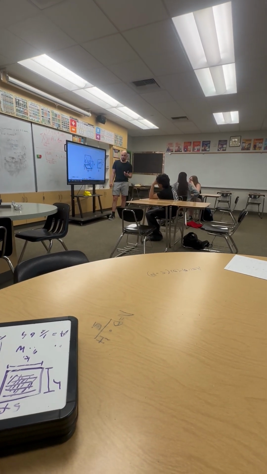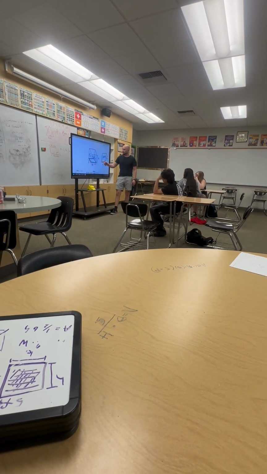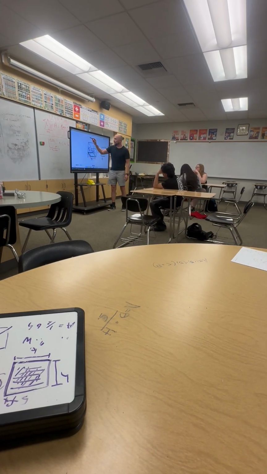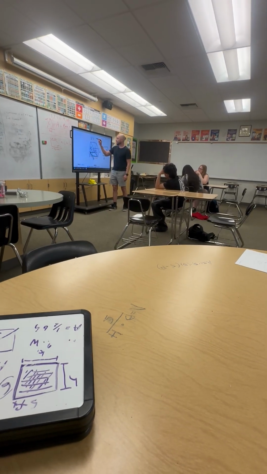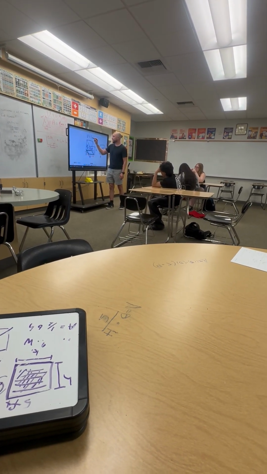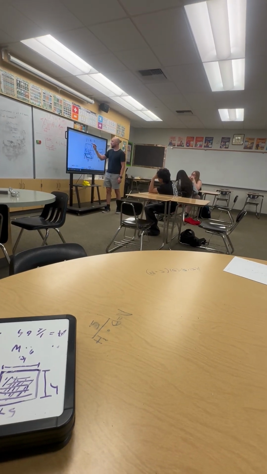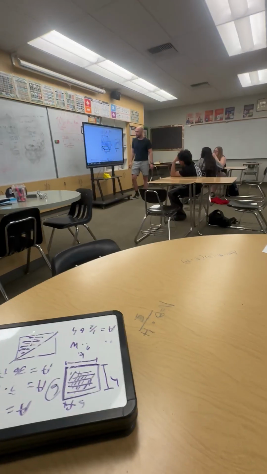Okay? And to do that, we still need to know this part, but we also need to know how tall this thing is. So, volume is equal to base times height, but your base in this formula is going to be these two combined.